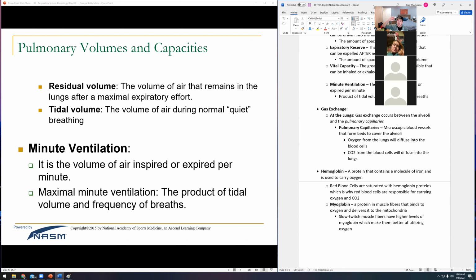There is your heart rate, that's the rhythm of your heart, right? And then it's what's called your stroke volume. That's how much blood gets pumped every time your heart beats. So it's how much blood is leaving your heart every time it squeezes.